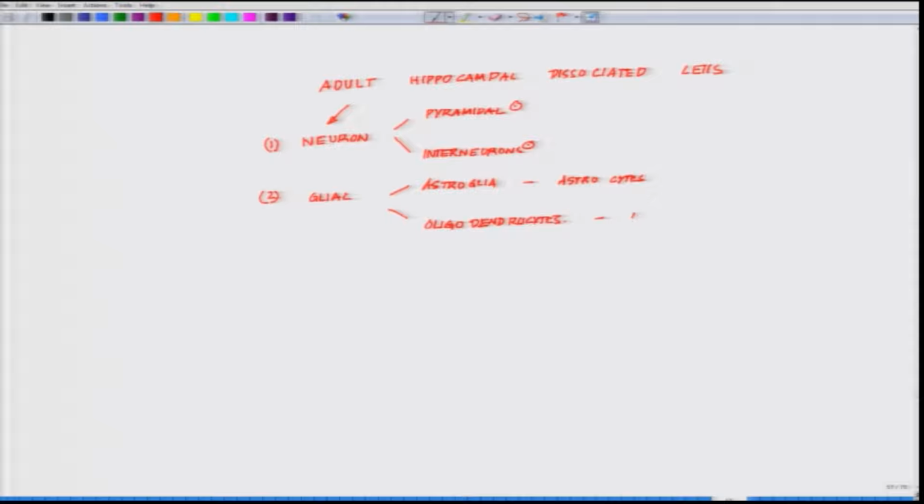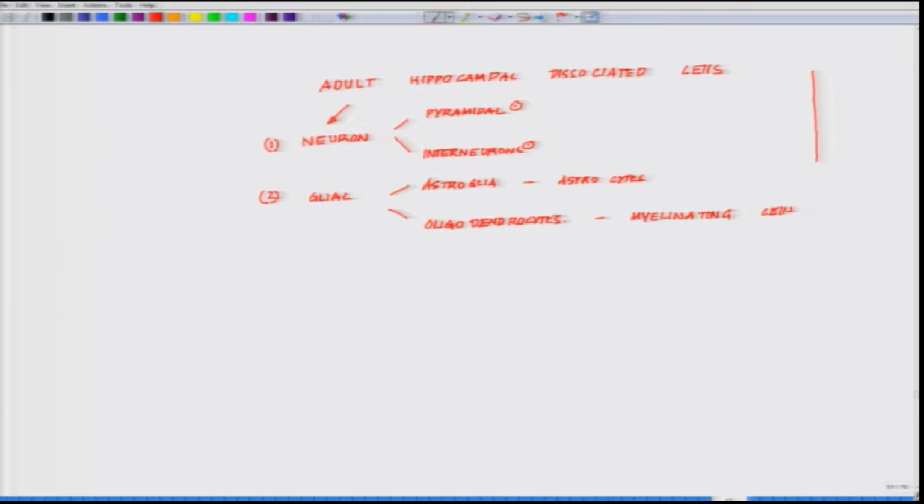What all does it consist of? 1. Neuron. Within neuron, pyramidal neuron 1, interneuron 2, okay, 2, glial cell, astroglia, making astrocytes, oligodendrocytes, which most of them die out, but you will still have contaminants which function as myelinating cells.